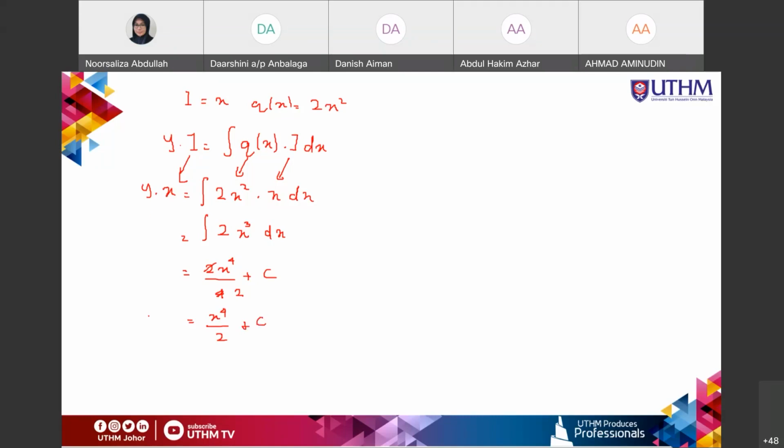Okay, so here is the x. You bring this x to this side. So here you just have y equals to x power of 4 over 2 divided by 1 over x, plus c over x.